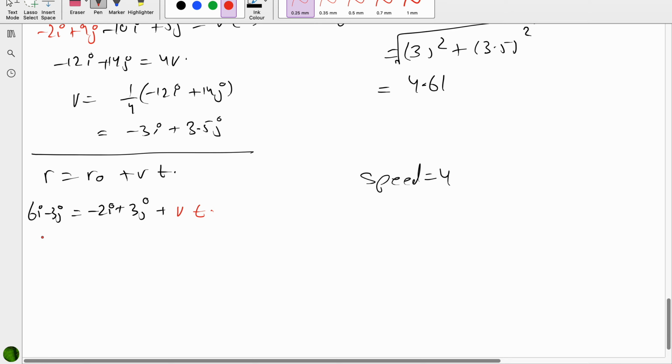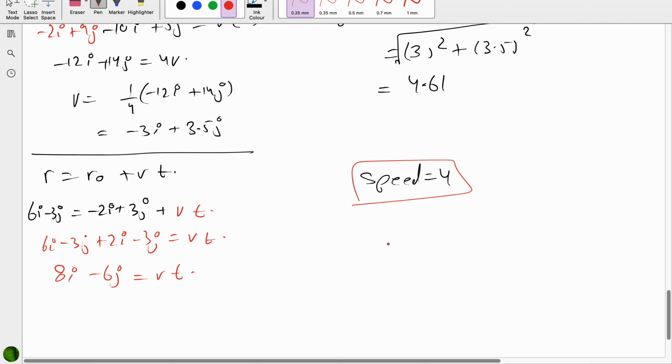Okay, so rearranging, 6i minus 3j plus 2i minus 3j is equal to velocity into time. So this is 6i and 2i is 8i, minus 3 and minus 3 is minus 6j, equals velocity into time.